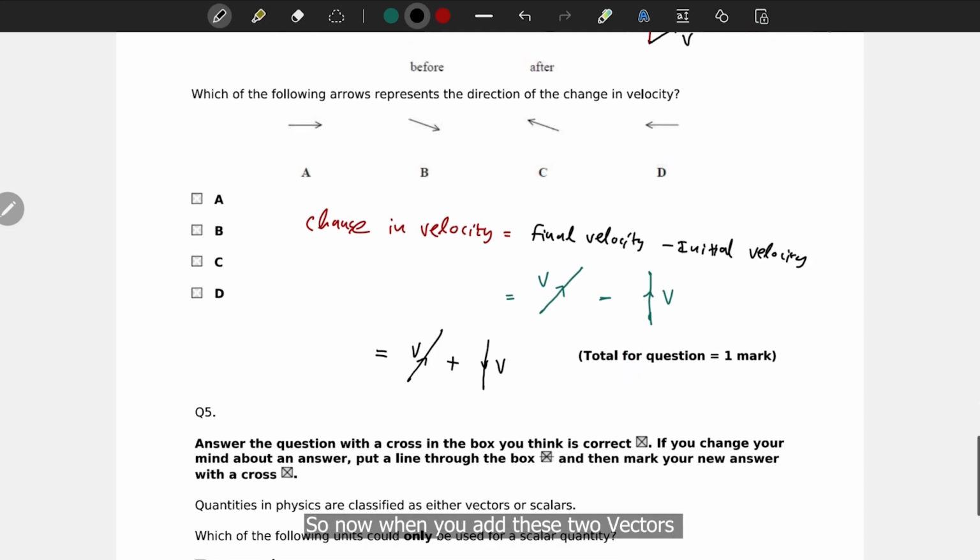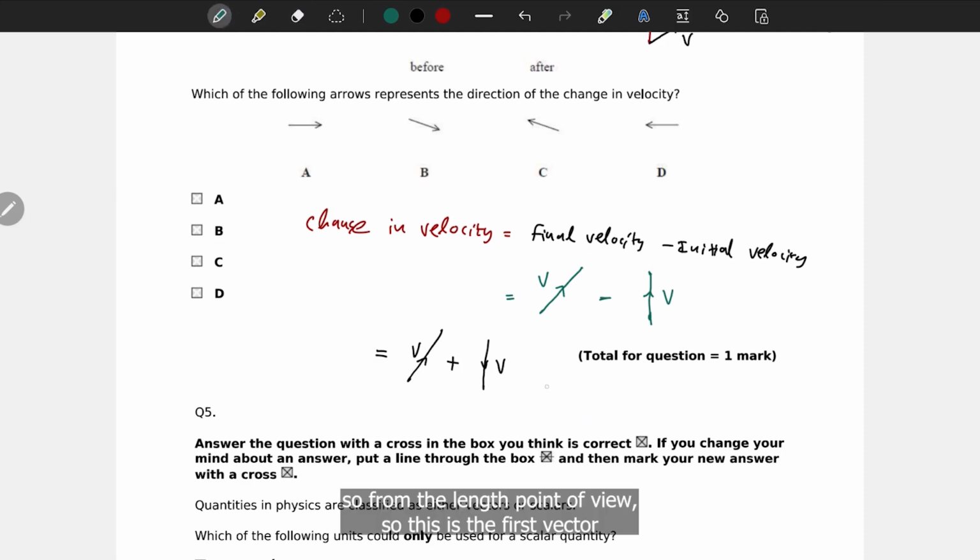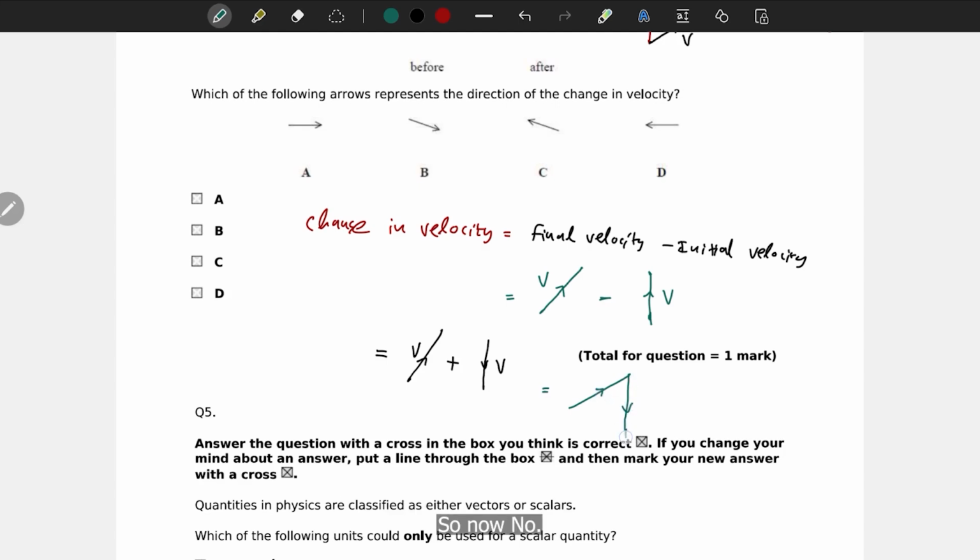So now when you add these two vectors, we'll end up with something like this. Now v and this vector looks like this. Anyway, the length of this vector is v, my bad. So from the length point of view, this is the first vector v, and this is the second vector v, right? So now this is v and this is v.